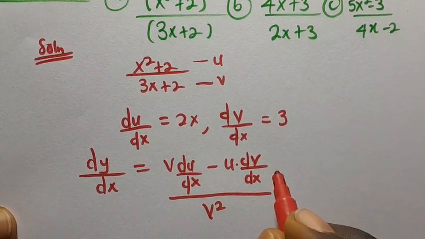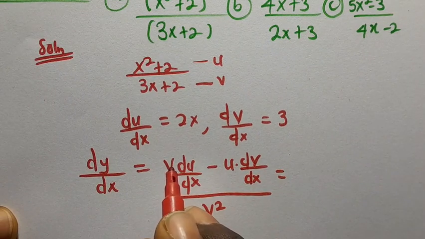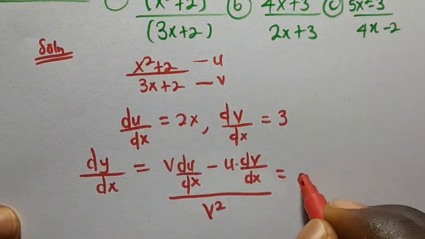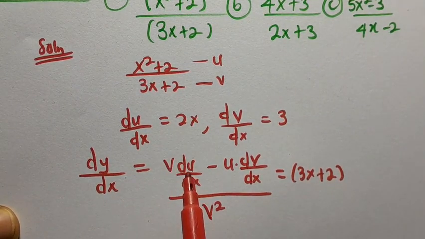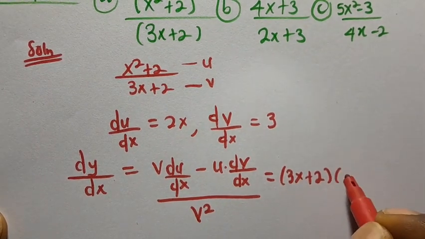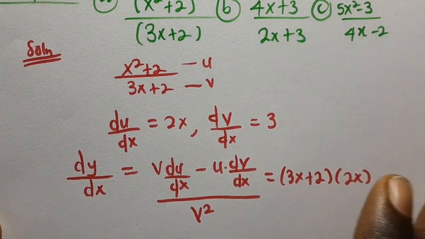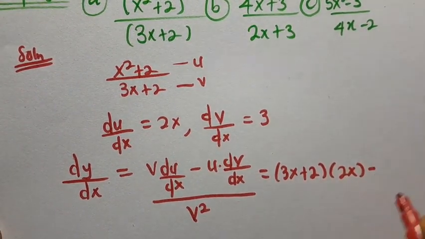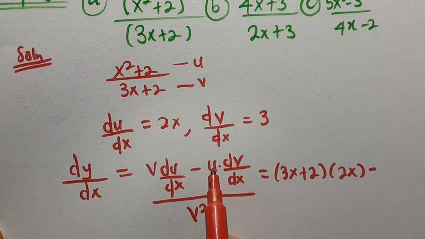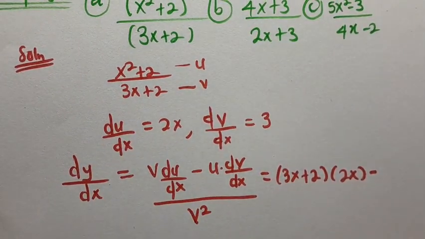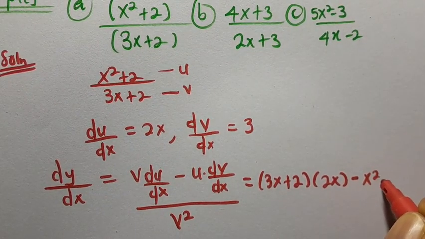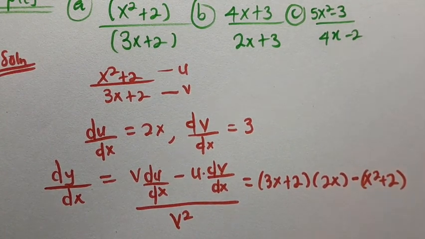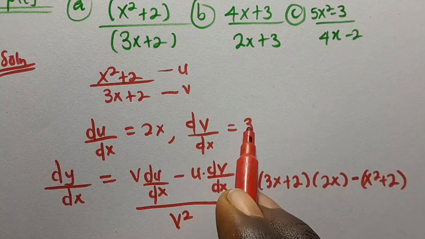By so doing, phi equals 3x plus 2, multiplied by du/dx, which is 2x. Then minus u, which equals x squared plus 2, multiplied by dphi/dx, which equals 3.